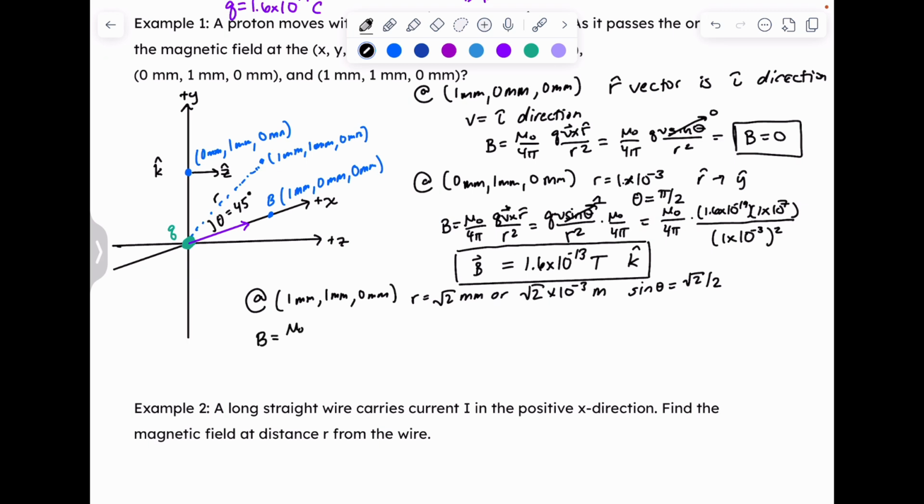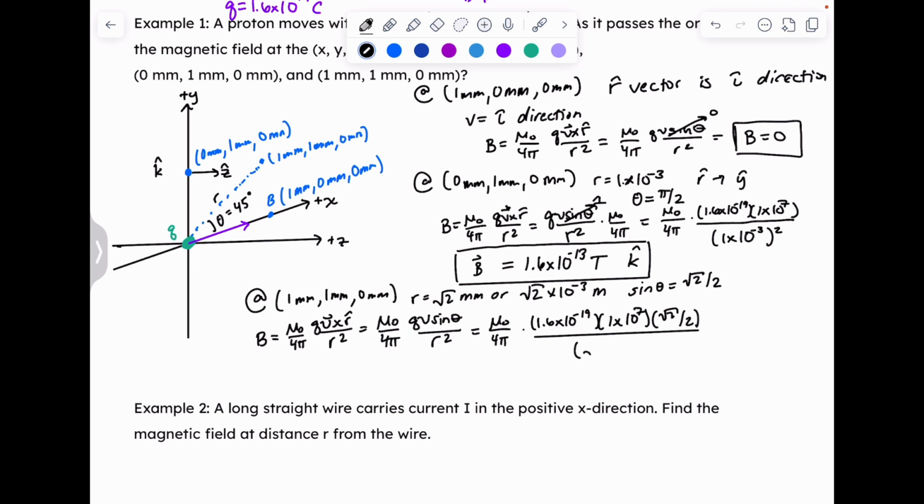So B is mu naught over 4 pi, q v cross r hat over r squared, which simplifies to mu naught over 4 pi times q v sine theta over r squared. When we plug this in, mu naught over 4 pi, then we multiply the charge, 1.6 times 10 to the negative 19, times 1 times 10 to the 7, times root 2 over 2, and then we divide by root 2 times 10 to the negative third squared.